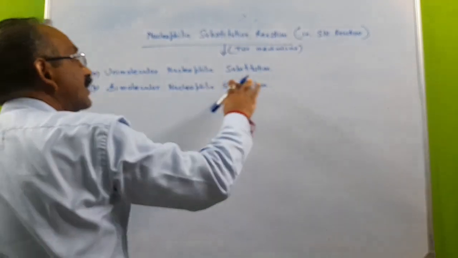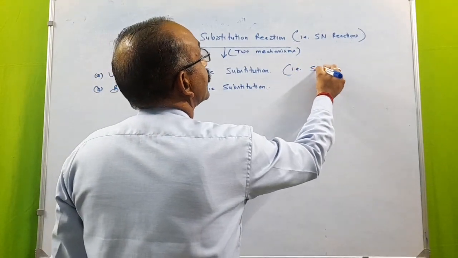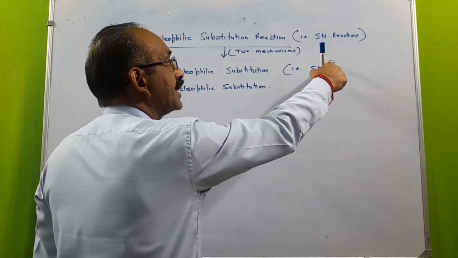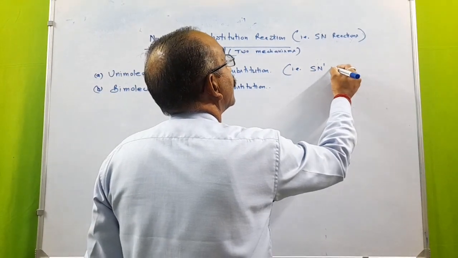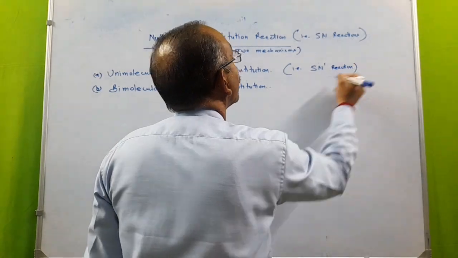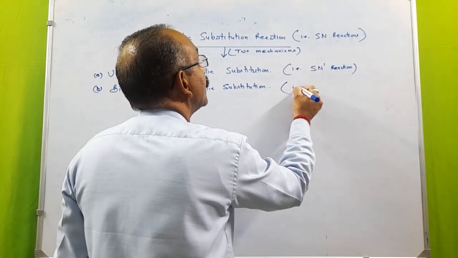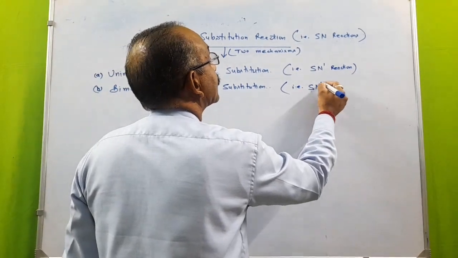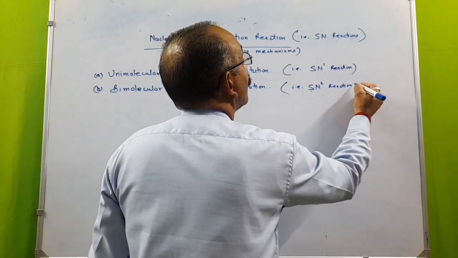This unimolecular nucleophilic substitution, you may call that these are the SN1, as the molecularity is 1, that's why it is SN1 reactions. And here it is bimolecular nucleophilic substitution, means that these are the SN2 reaction or SN2 mechanism.